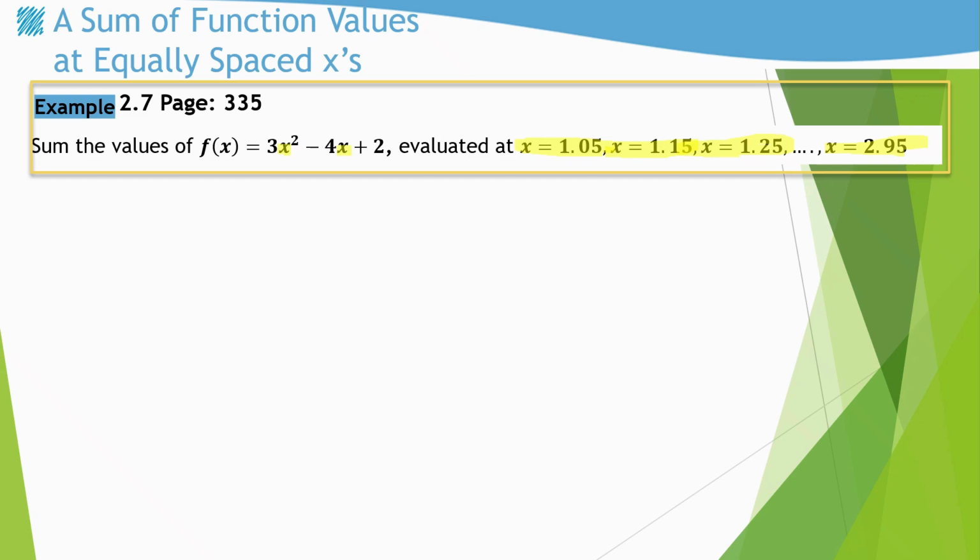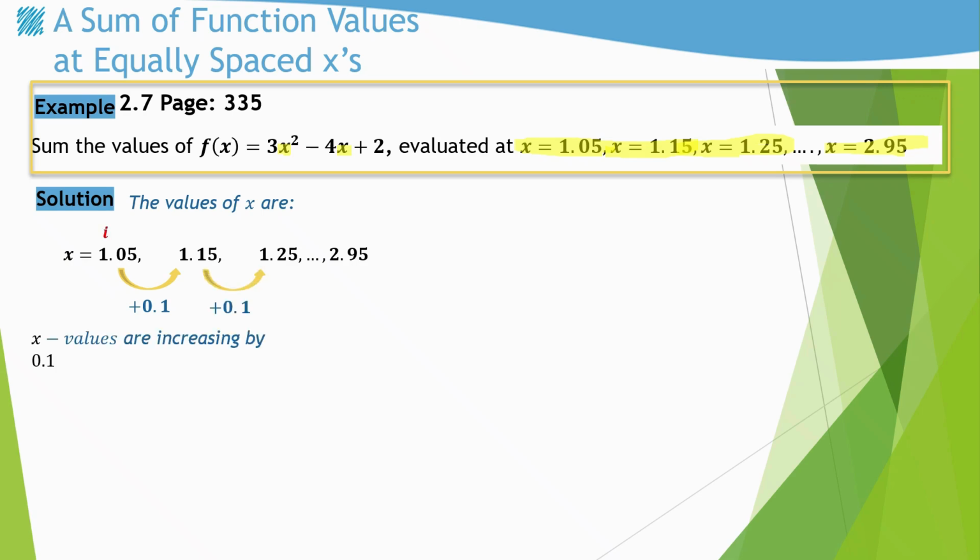So let's start. Let's see what is the common difference between these x values. Subtract the bigger number minus the smaller number, and you will realize the gap is 0.1, which means your x values are increasing by 0.1. So how will you write that expression? x is equal to 0.1i plus c. Let's continue with the first value, 1.05.